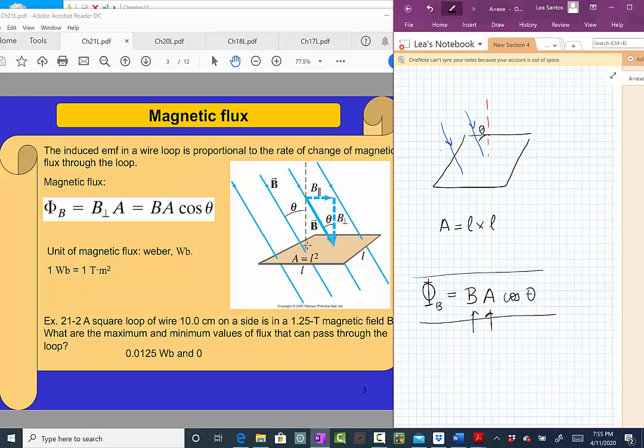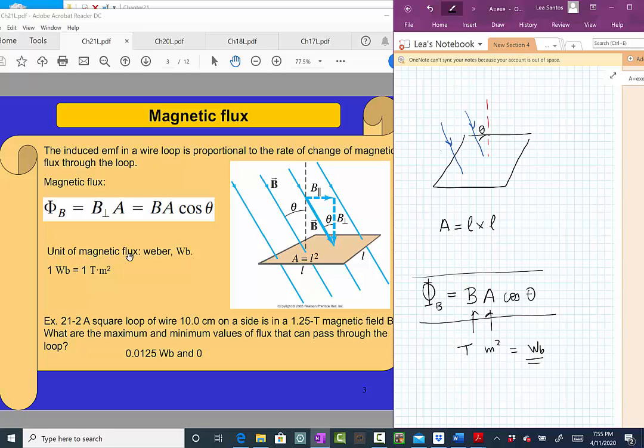Well, we saw before that in the international system, the unit for magnetic field is Tesla. The unit for area is meter squared. This combination of Tesla and meter squared receives a name, and it's Weber. In the international system, that's the unit for magnetic flux.